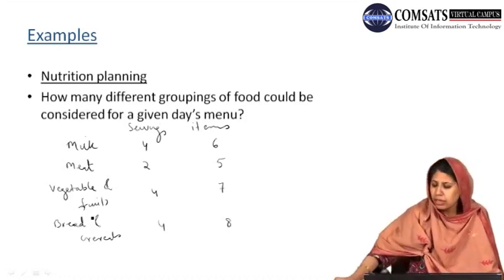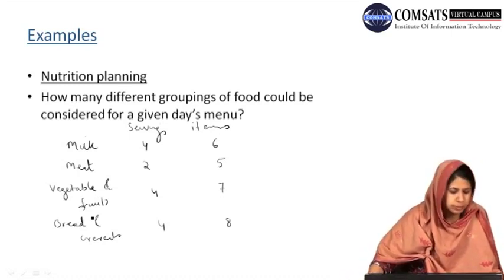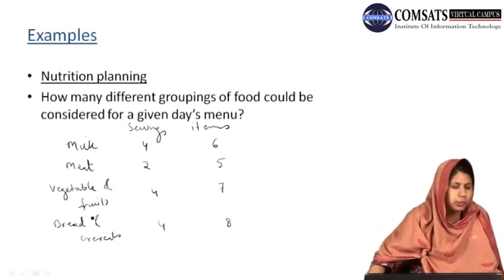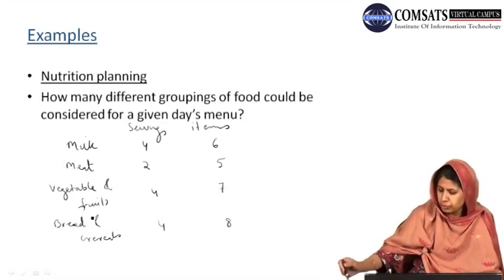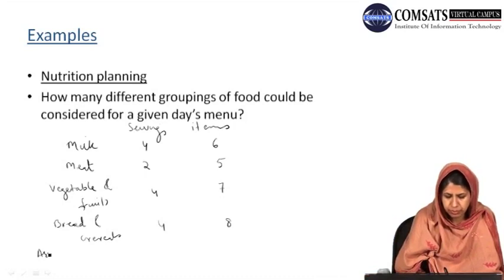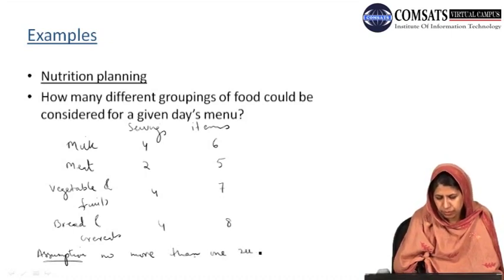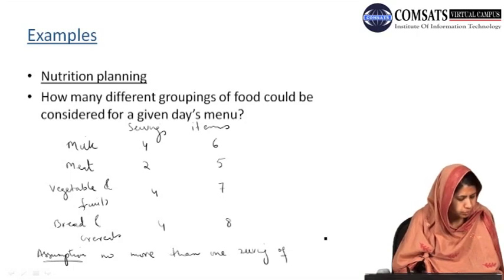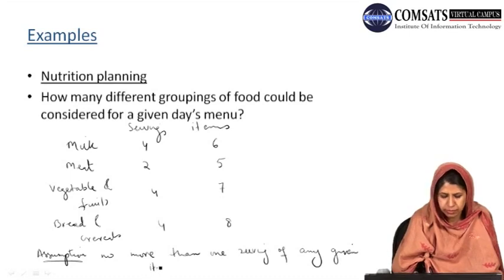We are asked to find the different groupings of food that could be considered for a given day's menu, provided that the chef is to provide no more than 1 serving of any given item during the day. So what is our assumption? The assumption is that no more than 1 serving of any given item is provided during the day.